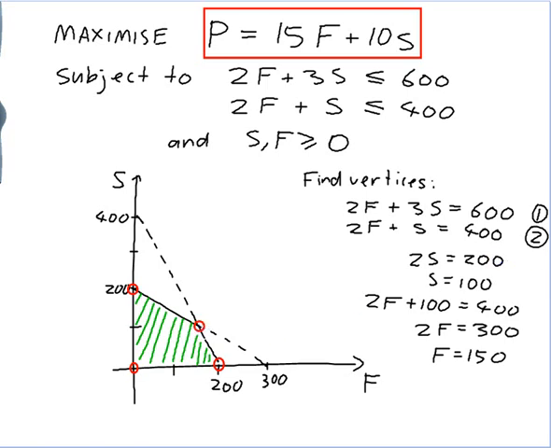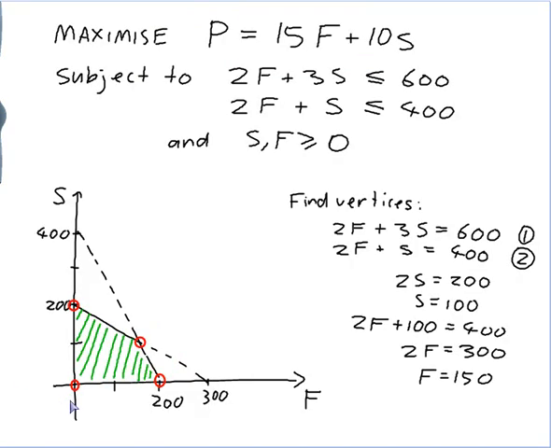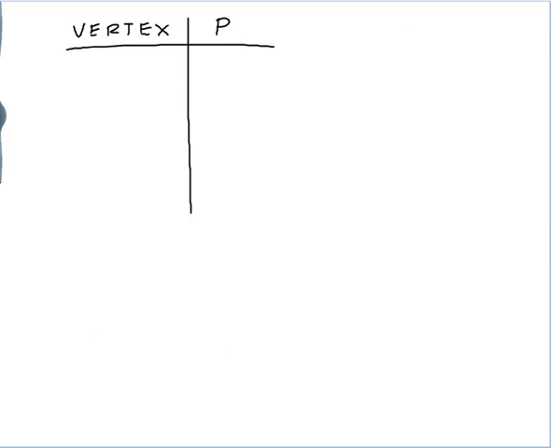So all I need to do now is find out what the profit is at all of those 4 vertices, and I'll start a new page to do that. Let me draw a table. Vertex and P. So I just need to write down the coordinates of the vertices now. Let me go back to my picture. This vertex here is 0, 0.